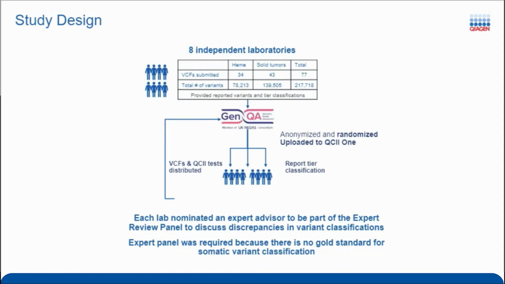And we saw that with APC over the course of the study, where it was originally a tier 2, and we reevaluated some evidence and it became a tier 3, and then a trial opened and it became a tier 2 again. So the variant itself hasn't changed, the impact on the disease hasn't changed, but the availability of a clinical trial or a piece of evidence has changed, and it changes the interpretation.